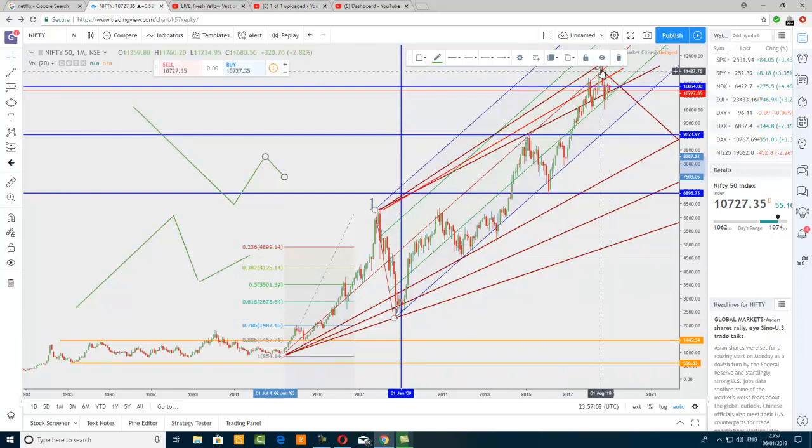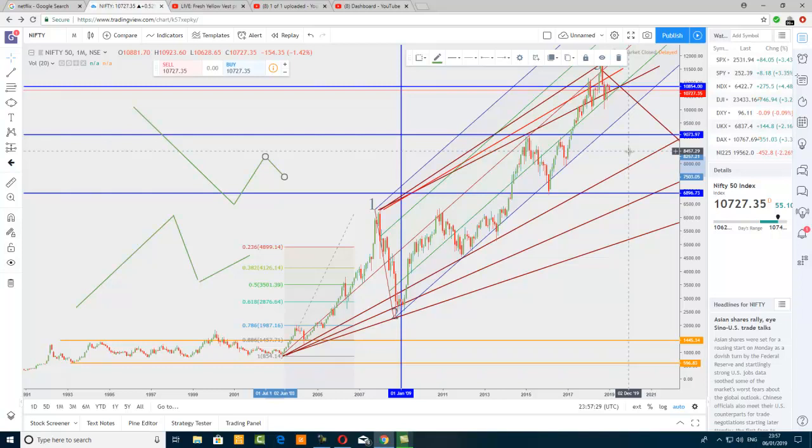Like now we are saying that Nifty 50 will likely form the fourth wave. We will apply Fibonacci retracement from the end of the second wave to the top of the third wave, and we'll highlight the 38.2% Fibonacci retracement level of the third wave, because we're expecting the fourth wave to be shallow.